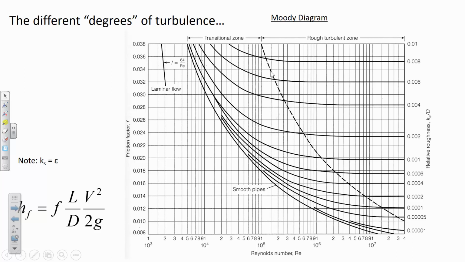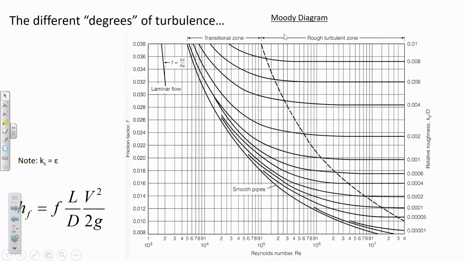Past some certain threshold, you can continue to increase the flow velocity, and the friction factor no longer depends on an increasing velocity. The friction factor only depends on the relative roughness once you get into the rough turbulent zone. But on the other side of this rough turbulent zone, here in transition, or if the flow is not fully turbulent, then the friction depends both on the relative roughness and on the Reynolds number.